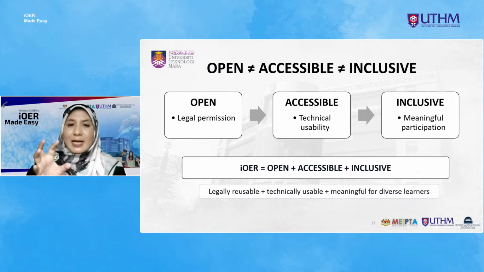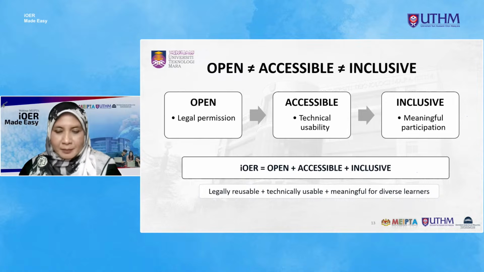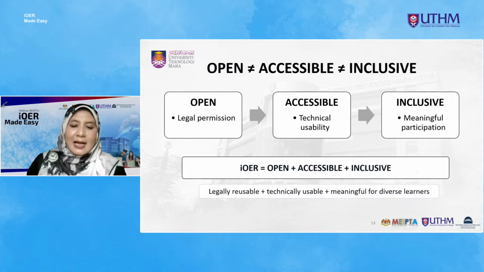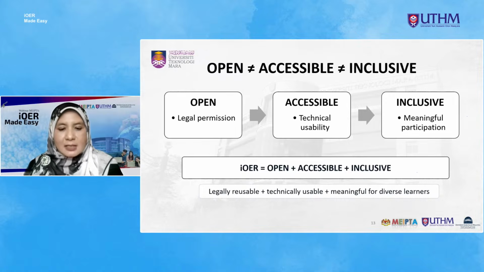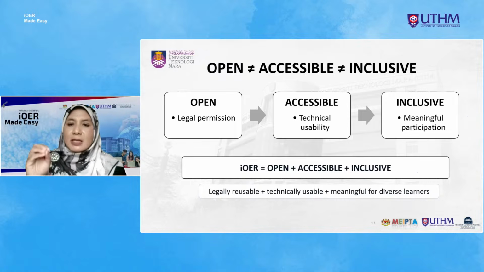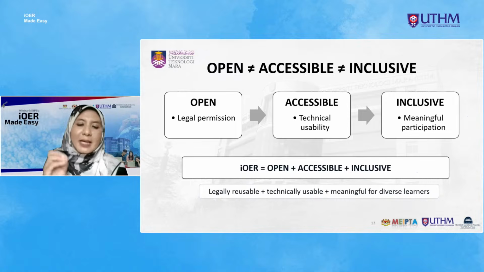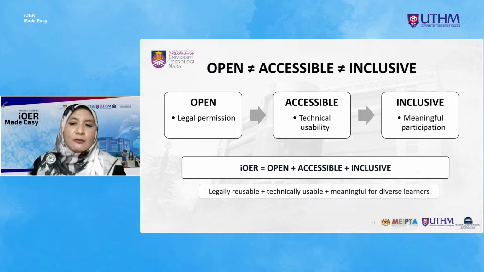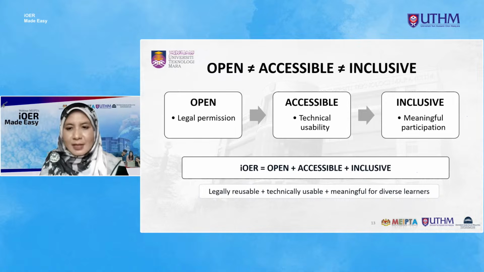Those are what we call technical usability. And then the third element, inclusive, means that the resource or materials should support meaningful participation for diverse learners. It can be used by everyone.